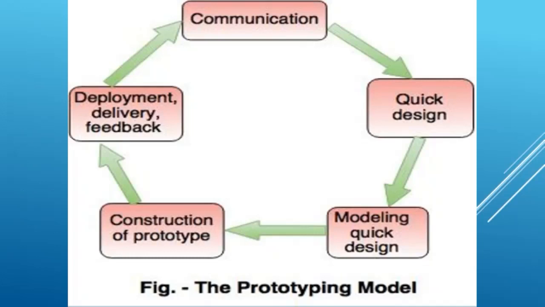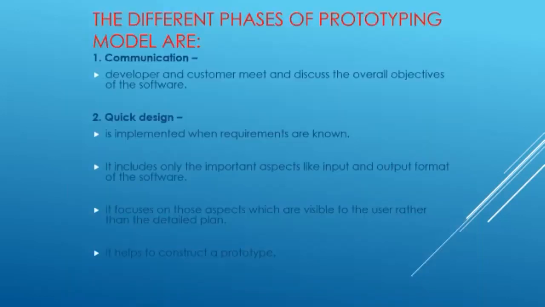In that, there are 5 phases. First one, communication; quick design; modeling and quick design; construction of prototype; and deployment, delivery, feedback. These 5 phases are connected to each other in this prototyping model.